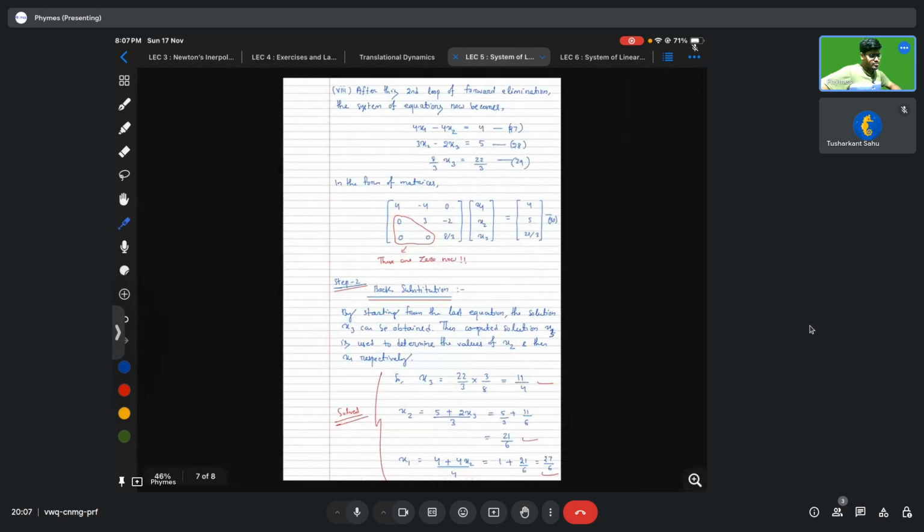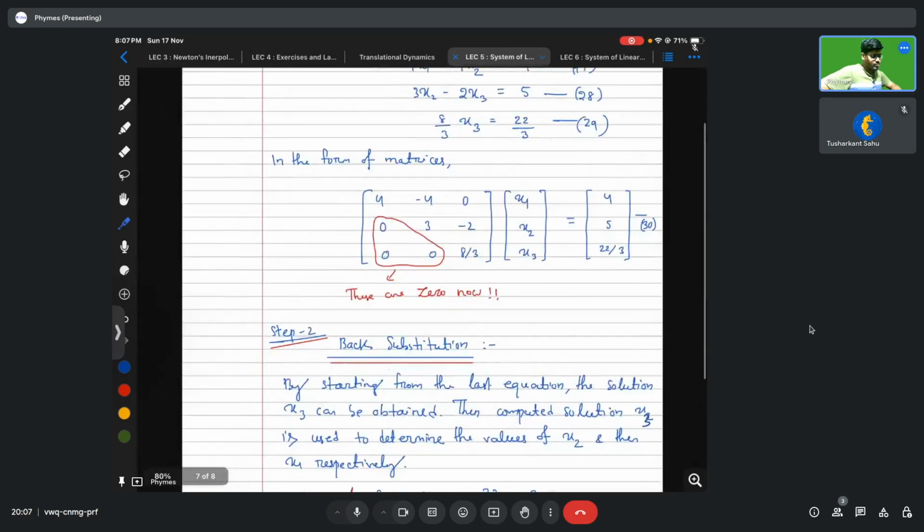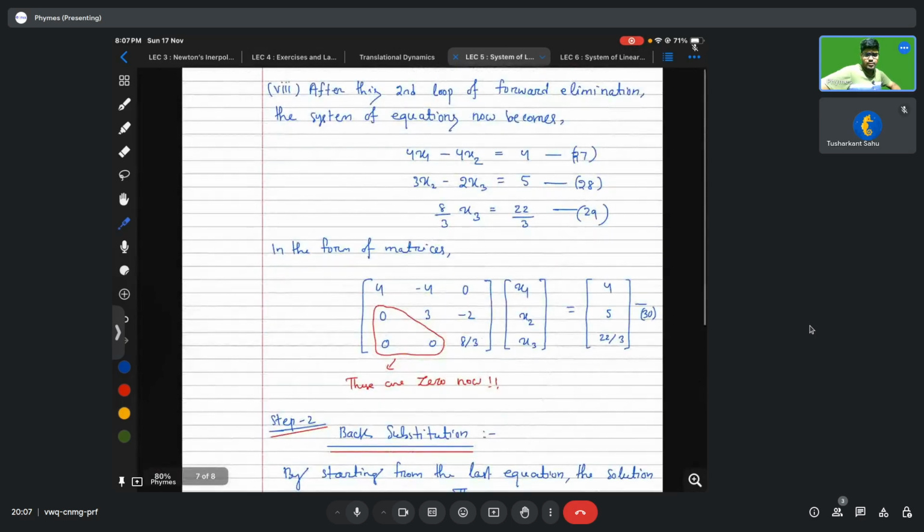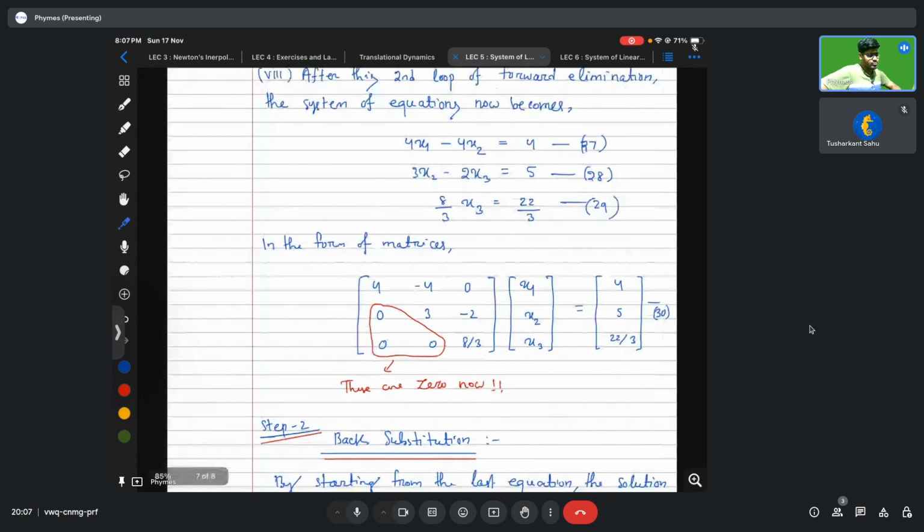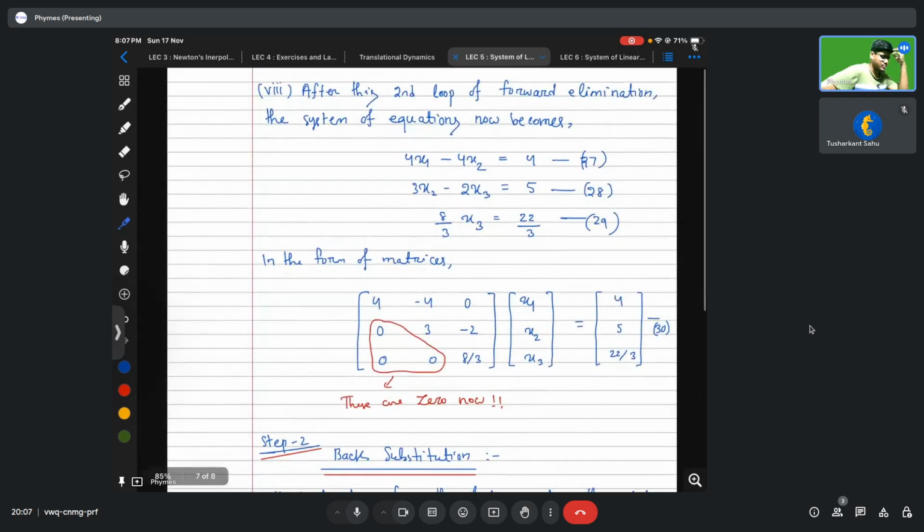So what is the limitation of this method? Can you tell me why? When will this method not be very suitable? When will it not be suitable to solve? Do you know?